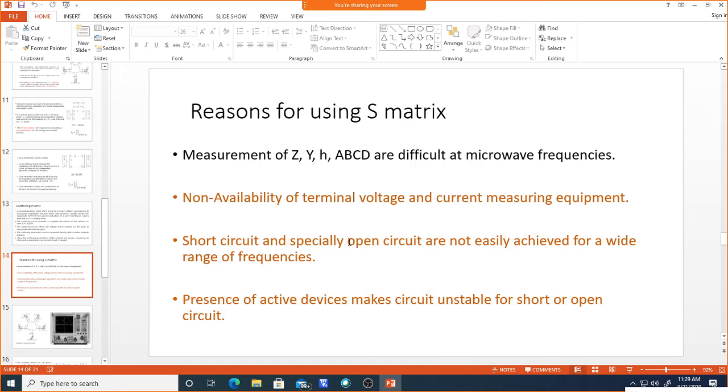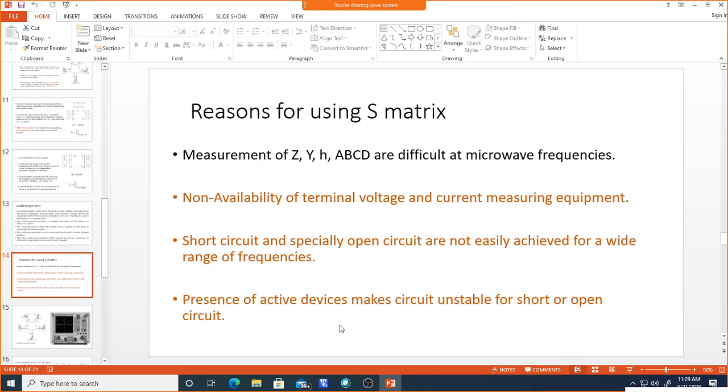So it is very difficult to measure voltage and current at higher frequencies, even for short and open circuits. Also, the presence of active devices makes the circuit unstable, because if you operate the microwave network over a wide range of frequencies, these active devices may not retain the same characteristics.